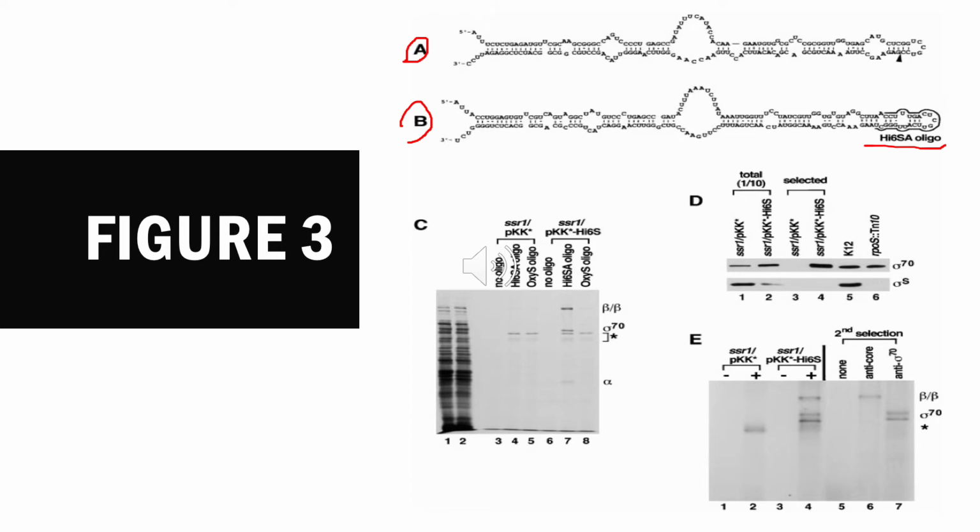And in B, we have the same thing, but we have inserted H. influenzae, which is 6S RNA-like. The scientists decided to target that region with an antisense oligonucleotide. I'm going to refer to that as HI6S.